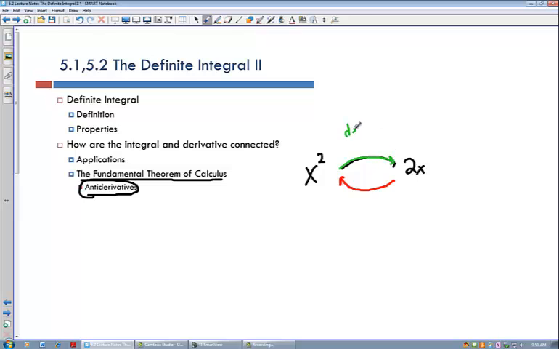So you can take the derivative of a function, and you can also take the antiderivative, which will take you back. Now the fundamental theorem connects these two ideas, the derivative and the antiderivative. And so basically, let's write this down.